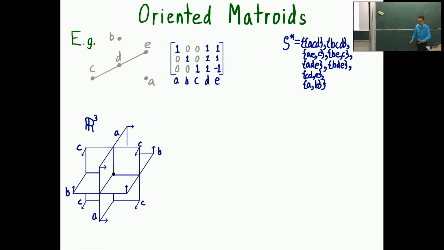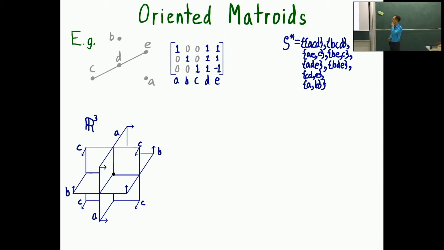I didn't want it to get too messy, so I've only drawn the first three here, A, B, and C. So these each give a hyperplane and a signed direction. I have the positive and negative side.